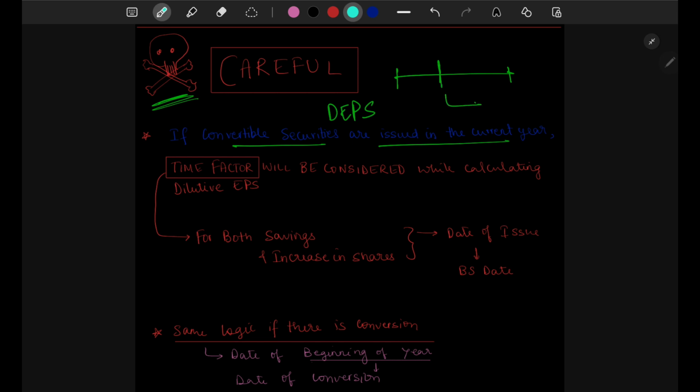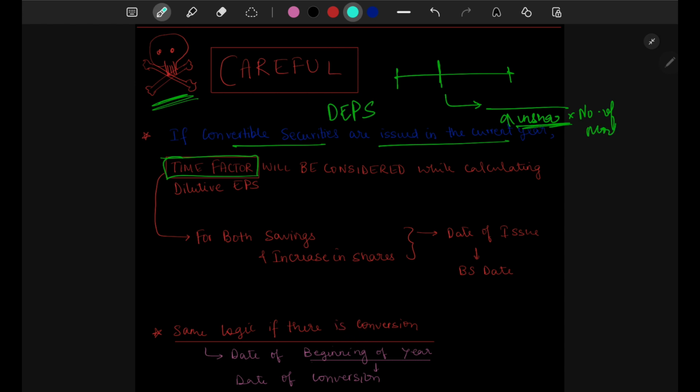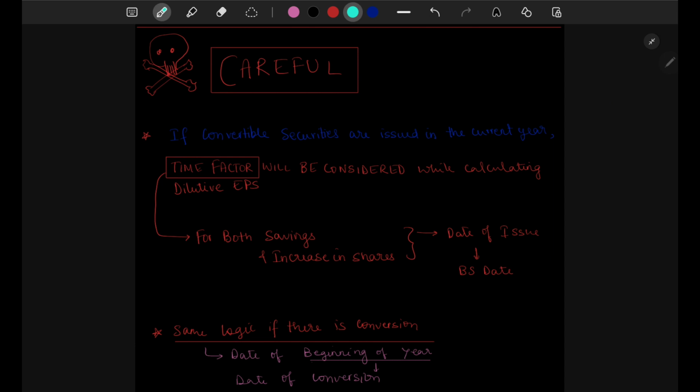When you're adding that to the denominator, meaning the increase in shares, you'll have to consider the time factor, meaning number of months over 12, like 3 by 12. Is that clear? I think that is clear enough.